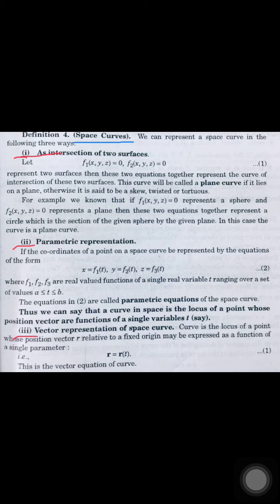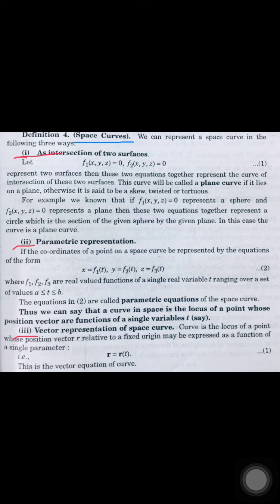space curves. What do you mean by space curves? Here, we are taking space curves in many ways. First of all, we consider the space curve as an intersection of two surfaces. Let us take two surfaces; when we say surface, it means it is three dimensional.